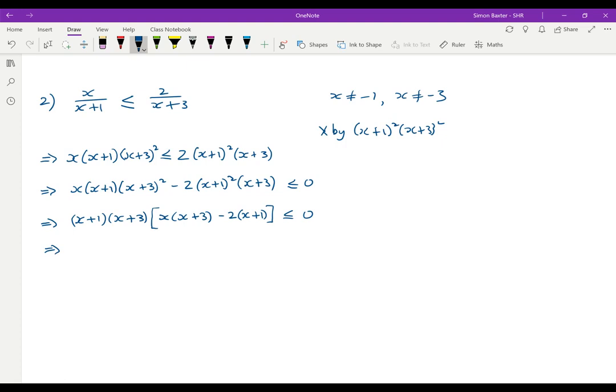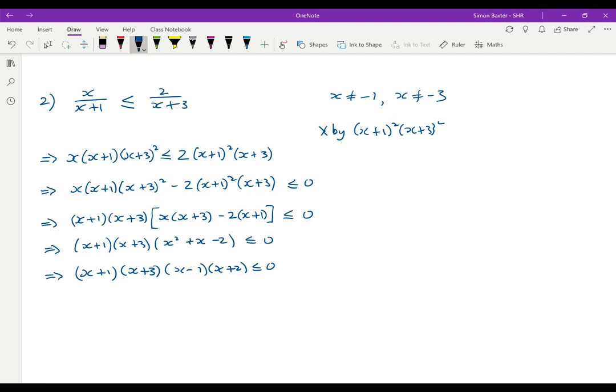A little bit of simple tidying up now, and we are left with x squared plus 3x minus 2x is plus x, minus 2, and that is times (x plus 1)(x plus 3). If I factorize that, I'm going to get x plus 1. No, I'm not. I'm going to get x minus 1, x plus 2, less than or equal to 0.